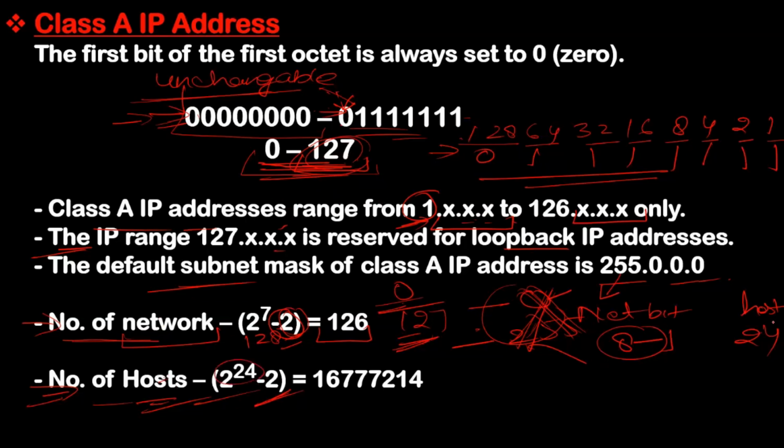For the host part, just take all the bits. How many bits are available? Here we have 24. I write 2 power 24 minus 2. This 2 is for 0 and 255. 0 is for the network ID and 255 is for the broadcast ID. Now if we calculate 2 power 24, it will be 1 crore 67 lakh 77,216, and minus 2, it's 1 crore 67 lakh 77,214.